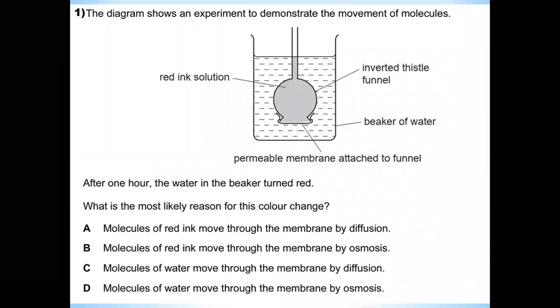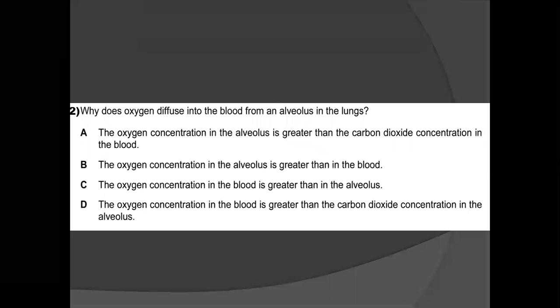Let's take a look at a potential exam question. The diagram shows an experiment to demonstrate the movement of molecules. After 1 hour, the water in the beaker turned red. What is the most likely reason for this color change? Attempt this question and send me the answer.